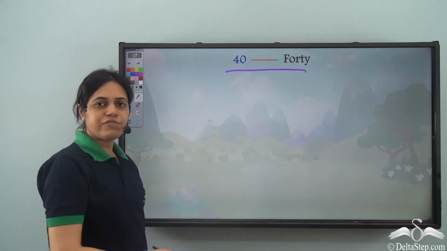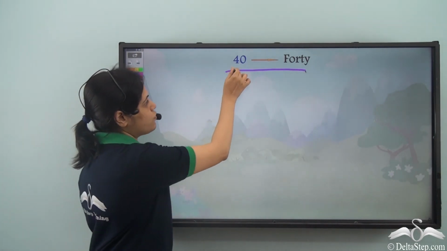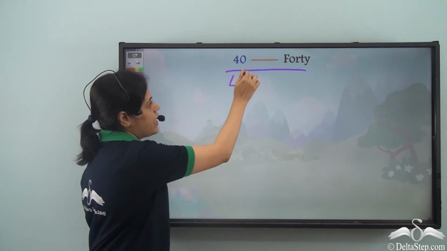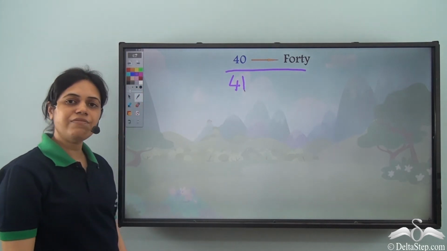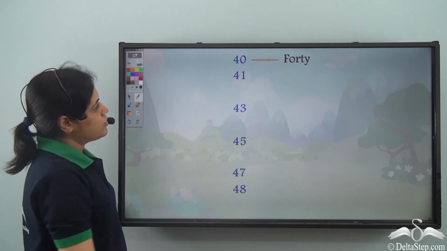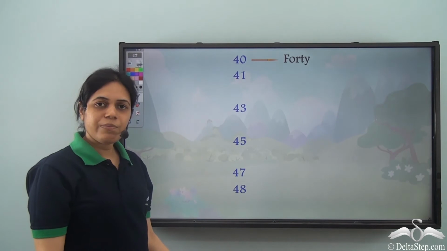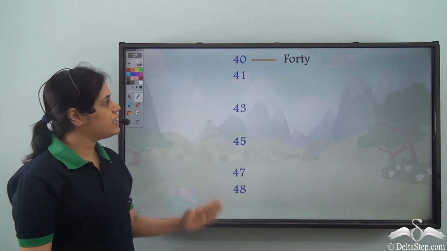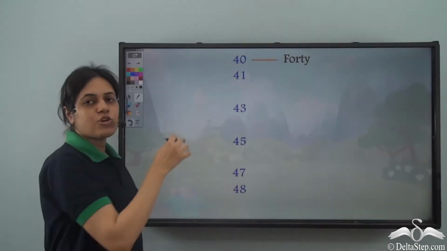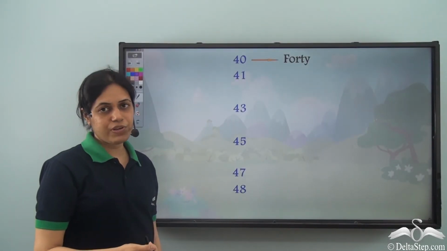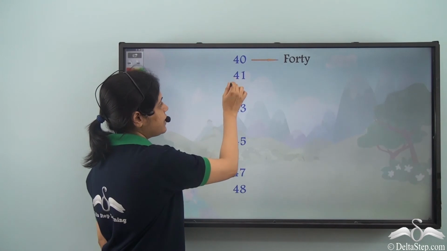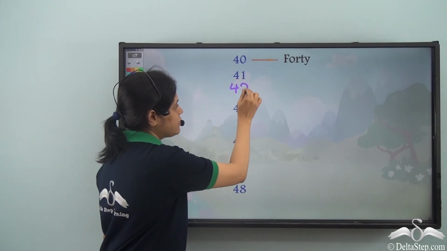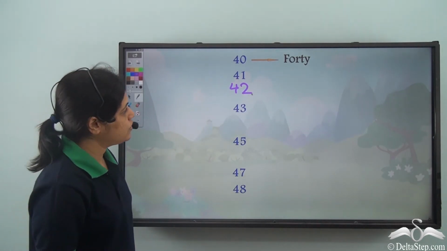Now what should come after 40? So 4 remains because it is in the first place, and after 0 we have 1. So these are some of the numbers when 4 is in the first place. Let's fill in the missing numbers. So after 4 and 1, which number will we have? First place will have 4, and in the second place we'll have 2.